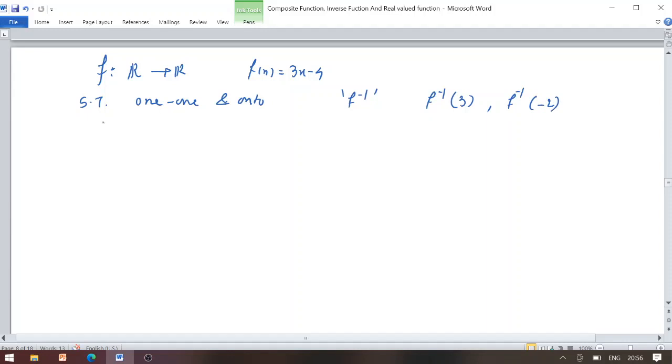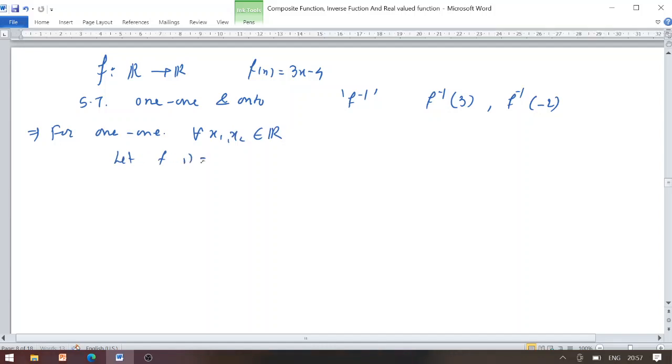Firstly, for proving the given function is one-one, we consider x1, x2 belonging to the domain of the given function, that means belonging to the real numbers. Let us consider f of x1 equals f of x2, and we have to prove x1 equals x2.